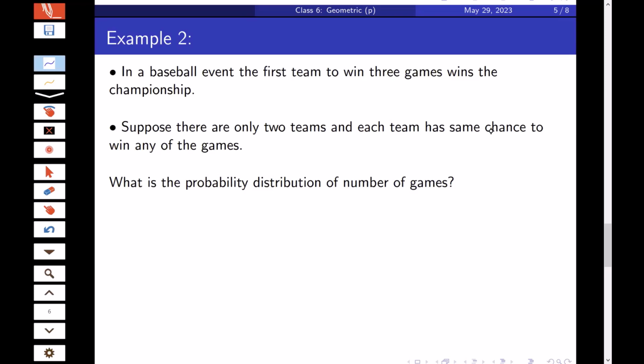Okay, so here let's define N as the number of games. And suppose these two teams are A and B. I'm going to define N as the number of games to win the championship.